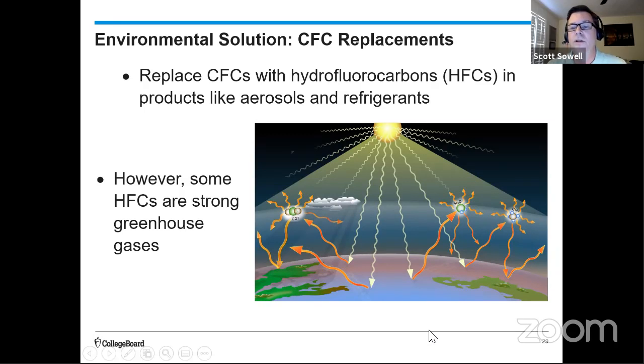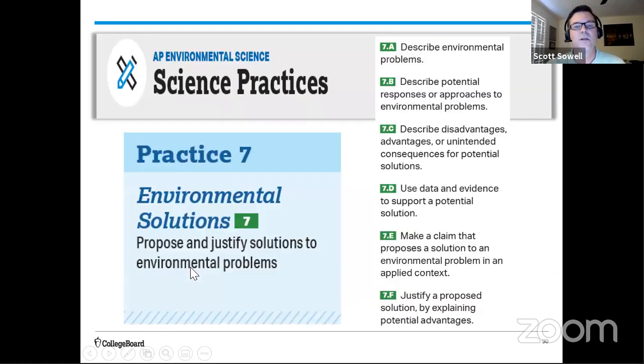So we know that CH4, H2O, CO2 are some very clear greenhouse gases that we've talked about in class before. And now we can add HFCs to that list. They're not one of the main ones that we typically talk about, but this is an unintended consequence of the solution to ban CFCs and replace them with HFCs.